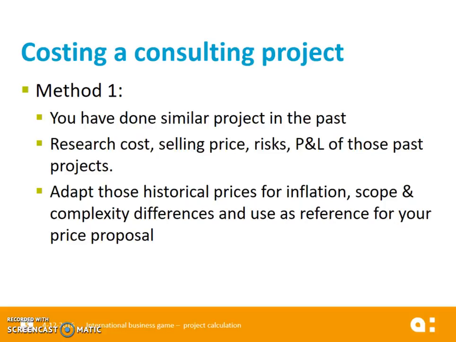And then correct for what you learned, correct for inflation. Is the scope exactly the same for your current project as for that past one? Is this project the same complexity or more complicated or easier than those with which you are comparing? And adapt. So you can just base your selling price on similar projects.